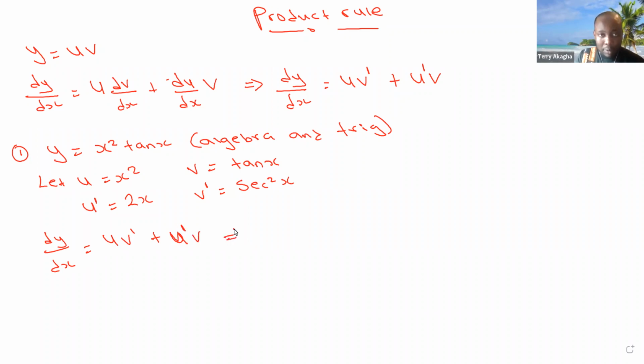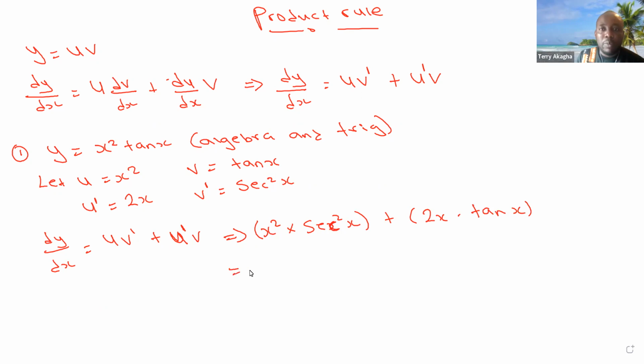So remember, the formula is dy over dx is equal to u v prime plus u prime v. Does that make sense? So our u is going to be x squared multiplied by v prime, which is sec squared x, plus u prime, which is 2x, multiplied by v, which is tan x.